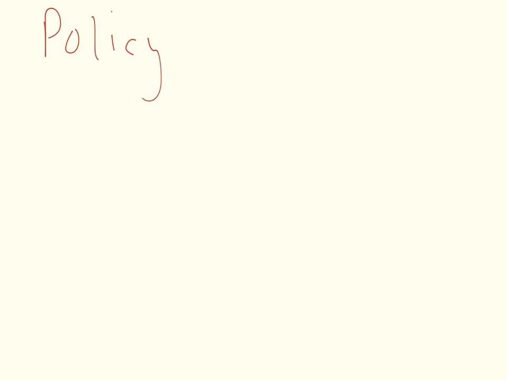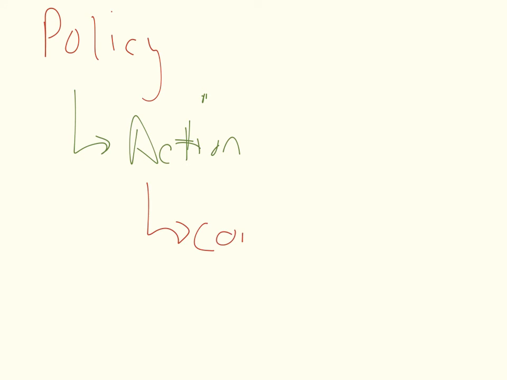All of these are policy or action claims. With policy claims, the goal is to call for action. What we're looking for, when we're trying to figure out whether this is a good claim or not, is comparative advantage.